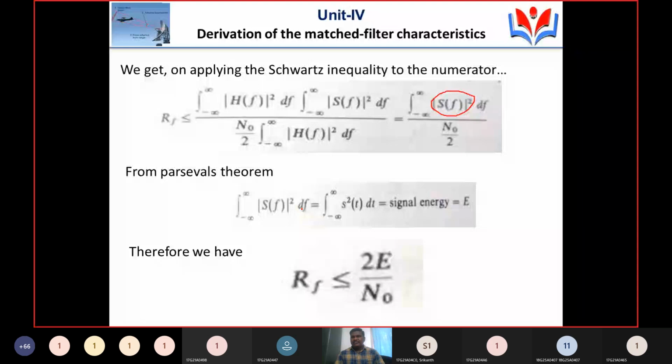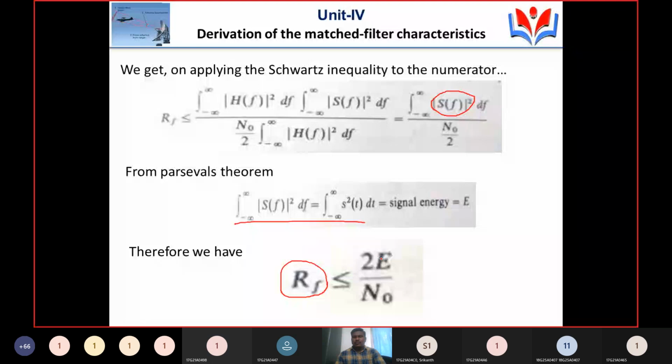So we can rewrite this equation: the entire numerator becomes the energy, and N0 by 2 as it is, where the 2 is taken to the numerator. So RF is always less than or equal to 2E by N0.